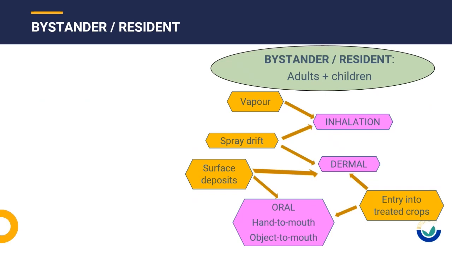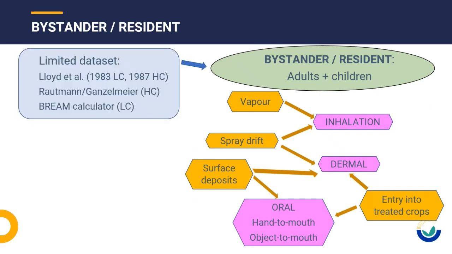As a 4th exposure pathway, we also have the entry into treated crops with contact with the treated plants. It is based on a limited data set that the first EFSA guidance has developed the approach to estimate exposure of bystander and resident.